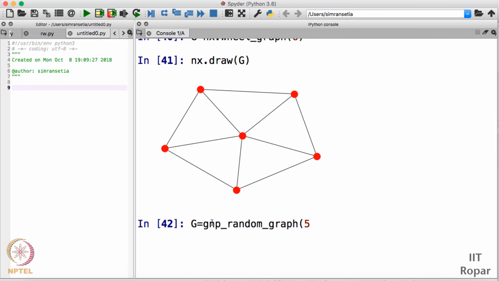For example, I wrote 5, and then the next parameter is the probability of edge creation. I just wrote 0.5. So with probability 0.5, it will make an edge between 2 nodes, and with probability 0.5 it will not make an edge between 2 nodes. So the probability is equal.